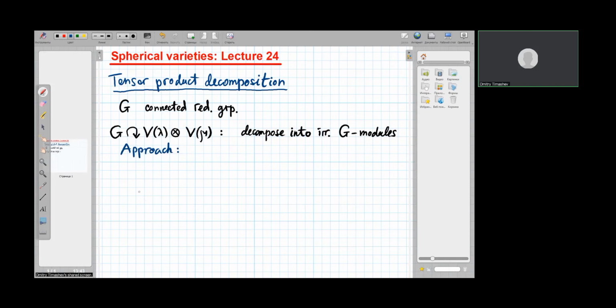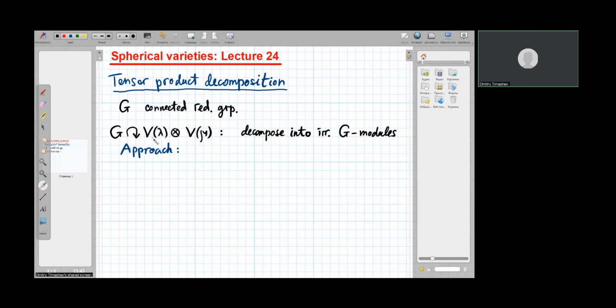Recall that by the Borel-Weil theorem, we can realize each irreducible representation of G in the space of sections of some line bundle over a flag variety, G over B, where B is the Borel subgroup. And even if we are lucky, the highest weight of this representation, say this lambda, is a character of the Borel subgroup, but it may be extendable to a bigger parabolic subgroup.